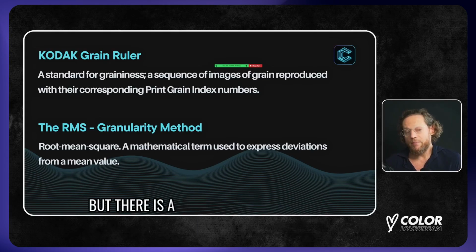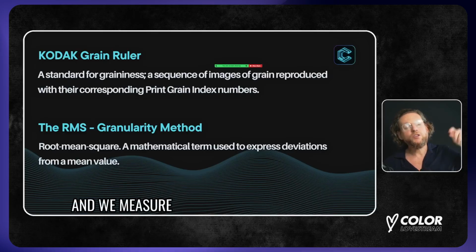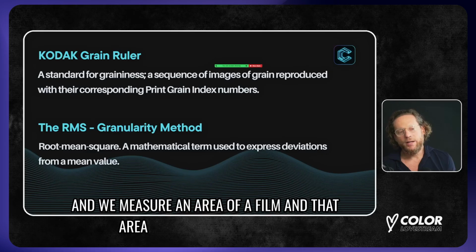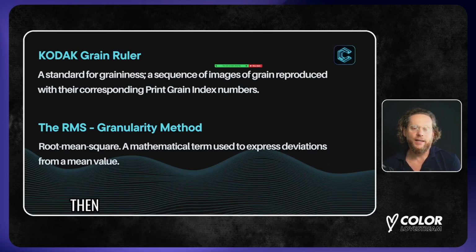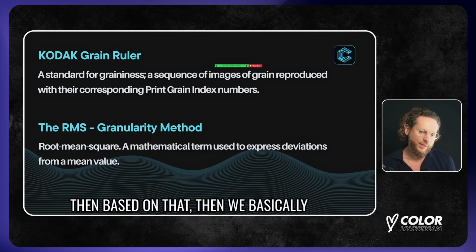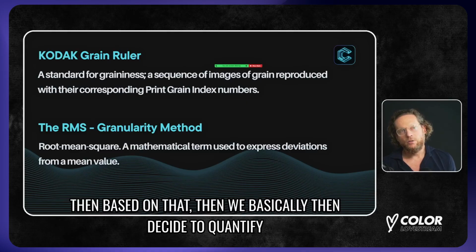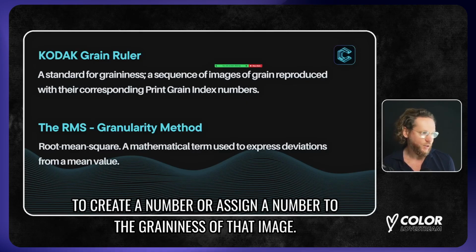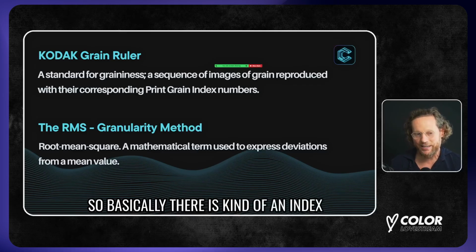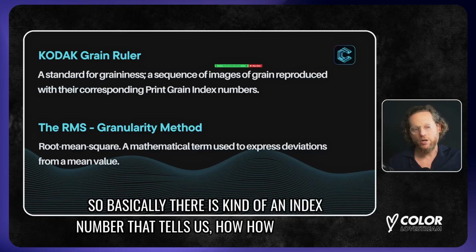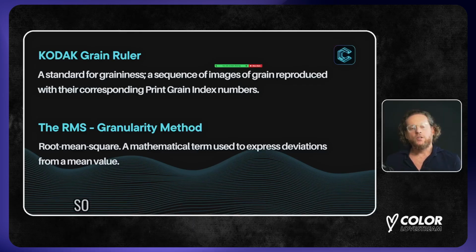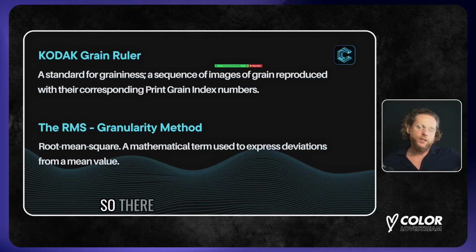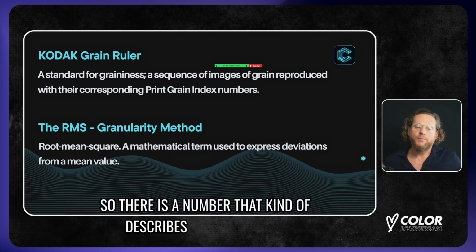But basically, we measure an area of a film, that area gets heavily amplified, and then we assign a number to the graininess of that image. So there is an index number that tells us how grainy this image is. You could say, this film stock is grainier than that film stock, right?